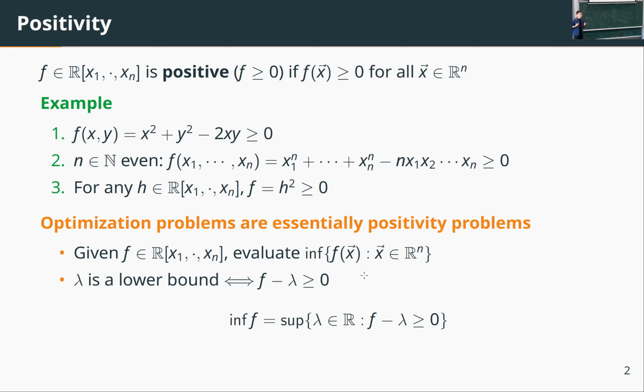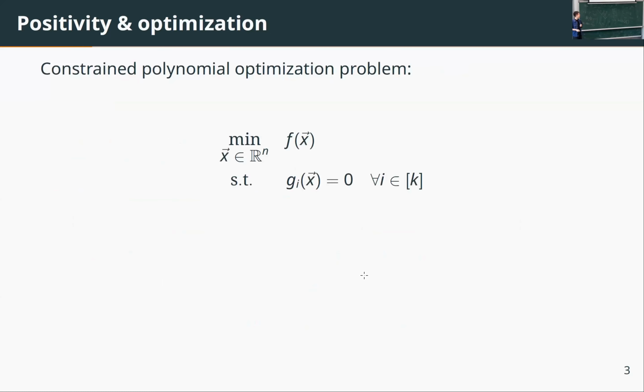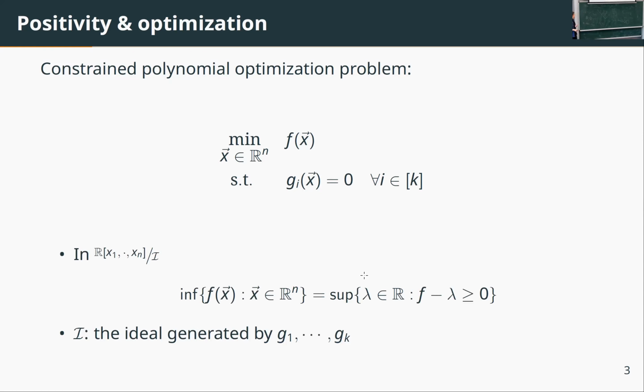In the real world, we need to consider polynomials with respect to some constraints. So now our task is to find the minimum of some polynomial subject to some constraints, and those constraints are also given by polynomials. So again, it is essentially minimizing this polynomial in this quotient ring.